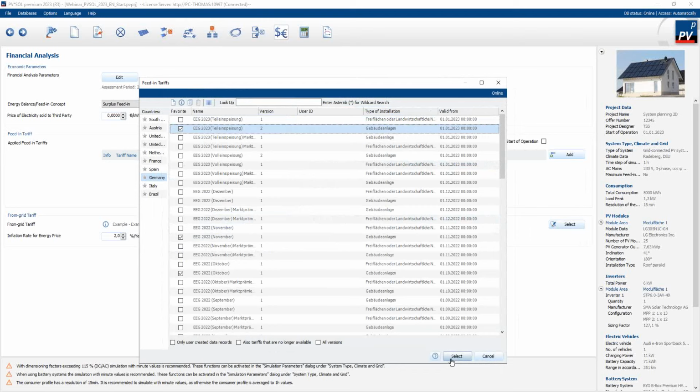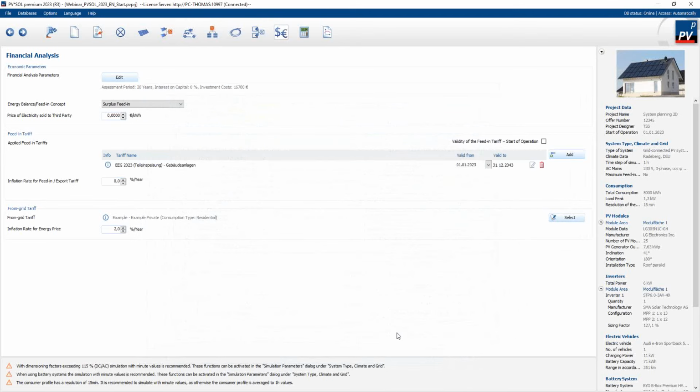Okay, then we close it here. We select it, and then it's in our database. Then you can define an inflation rate. It's not the case in Germany, but if you plan in the UK, for example, then there could be an inflation rate, of course.